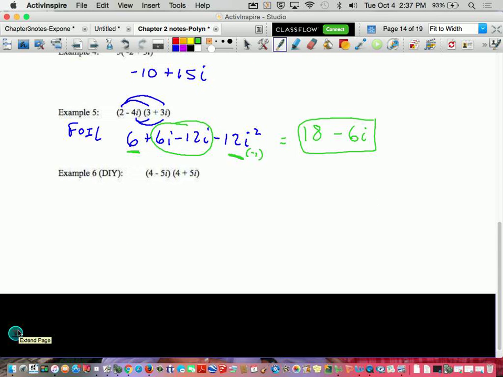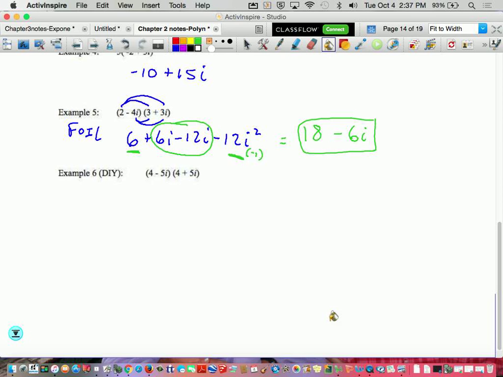Here's another DIY, so go ahead and pause the video and come back and look at the answer. If I multiply, I get 16 and 20i. Then if I multiply these two, I get -20i, and if I multiply those, I get -25i squared.